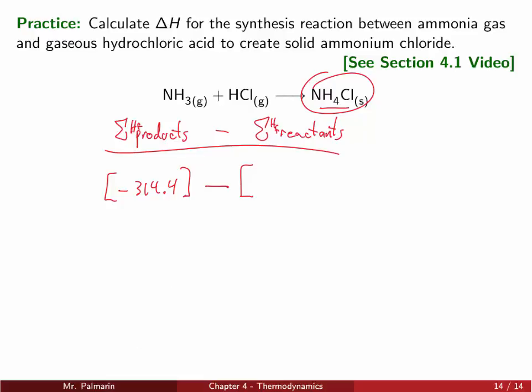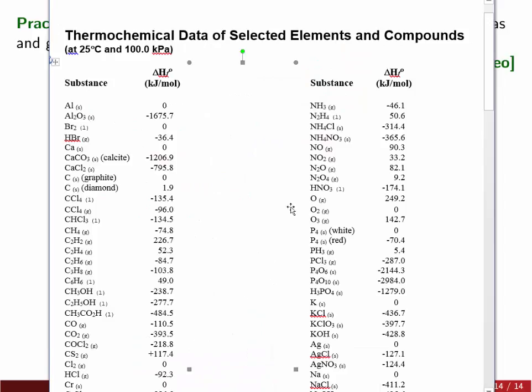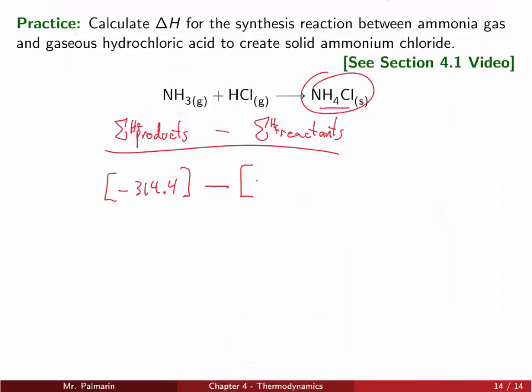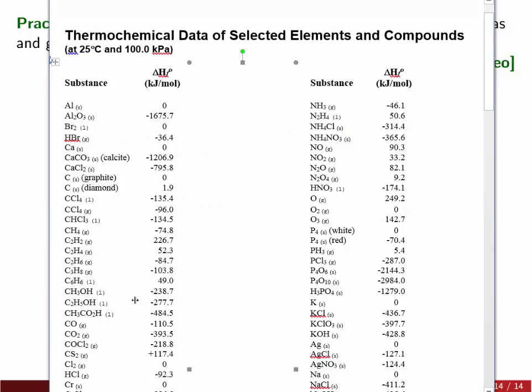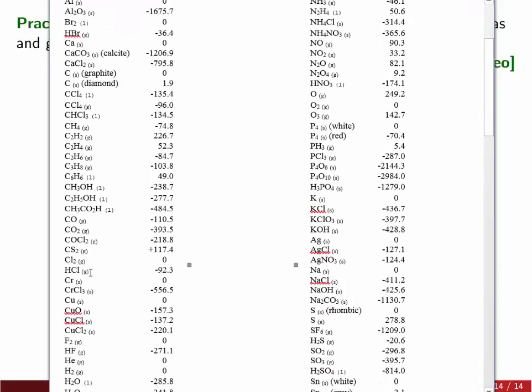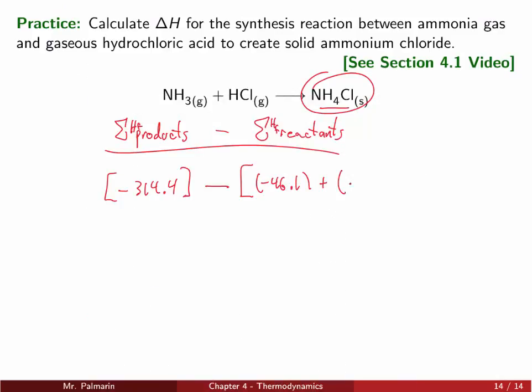Ammonia in the gaseous form, NH3, negative 46.1. So we have negative 46.1 plus hydrochloric acid, gaseous form. We'll find it down here, negative 92.3. Notice how I use parentheses here. I'm trying to show that you're summing the reactants. So you just compute this and that's it.